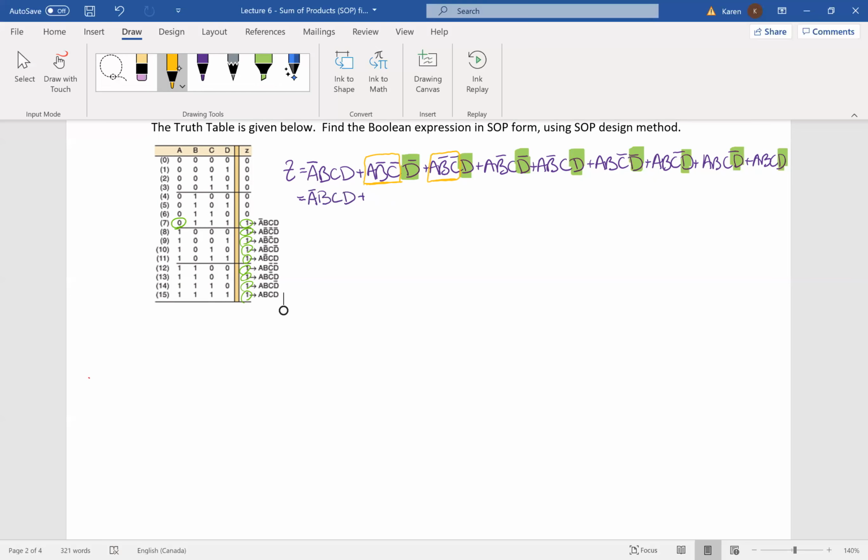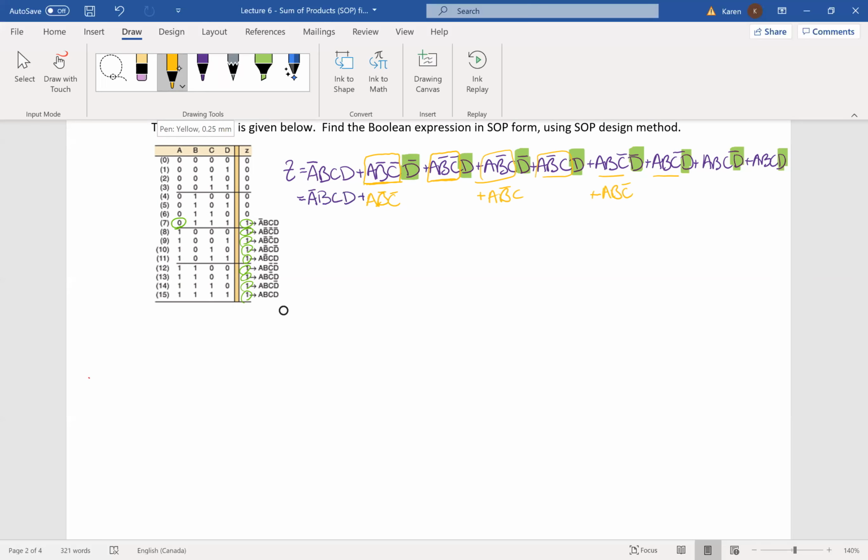So what is similar here is A, B inverted, C inverted. What's similar here is A, B inverted, C. And what's similar here is A, B, C inverted.